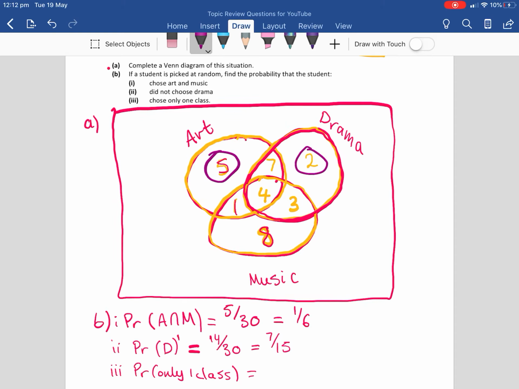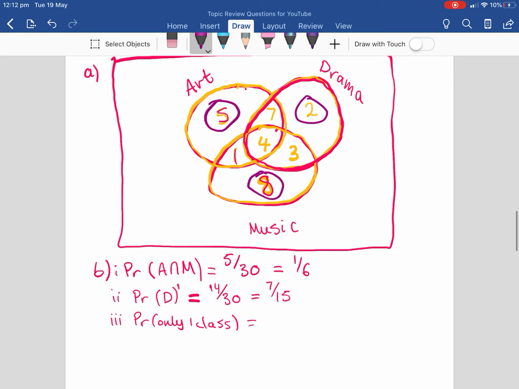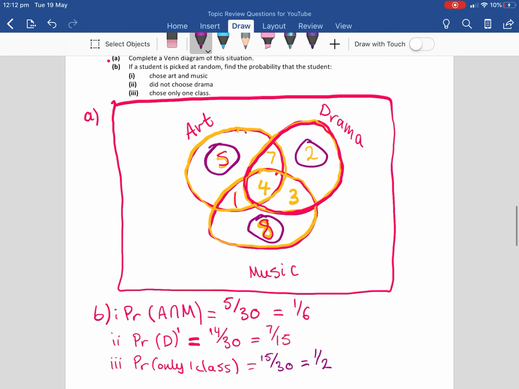We've got these 2 that only chose drama, and we've got these 8 people that only chose music. So we add them up: 8 plus 2 is 10, plus 5, so you've got 15 out of 30. That simplifies to a half. So half the students chose only one elective. That's why it's really important to have this Venn diagram, because it's really easy to find all your numbers.